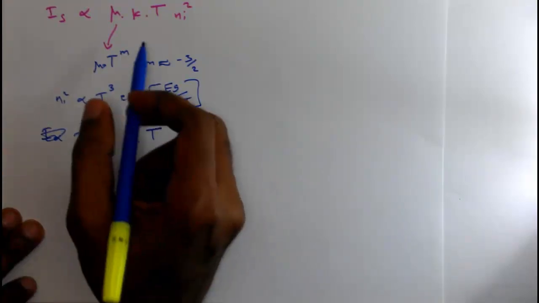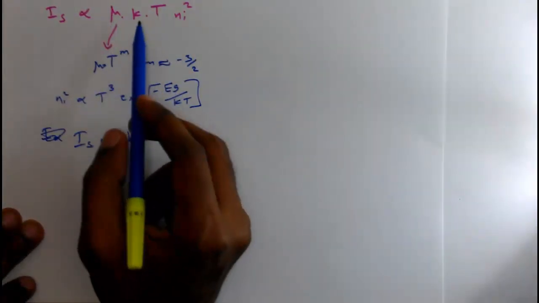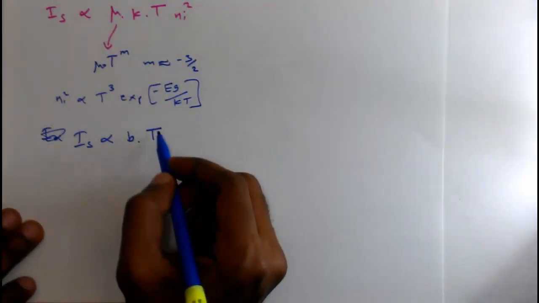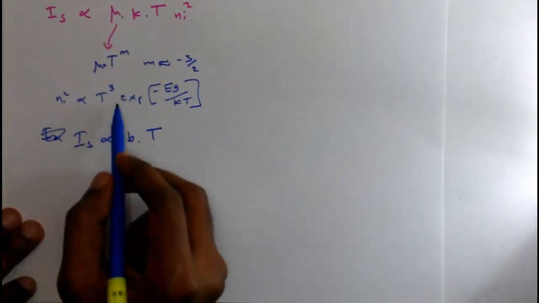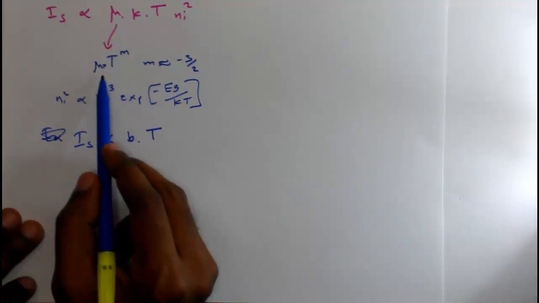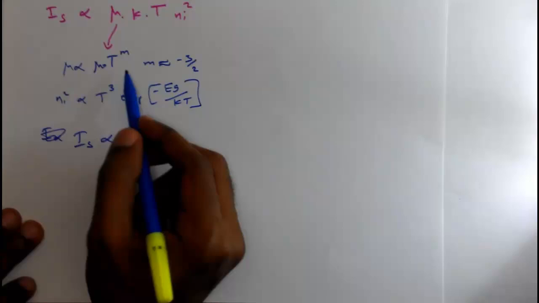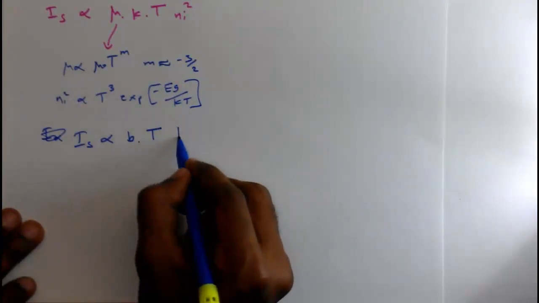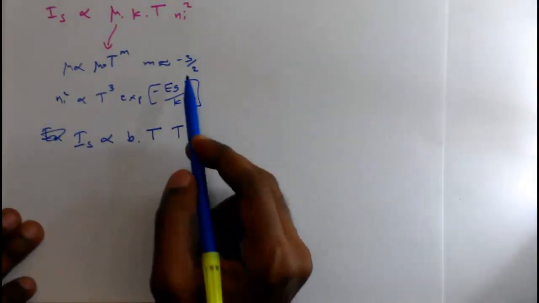okay, let's write exactly the same way here. So we included the K in the B, and the T I am writing as it is, and Ni square we have to include. So before including the Ni square, I am considering the mu term, that is we know mu is proportional to mu 0 into T to the power M. So mu 0 I included in the B, and again we have a T, the power is M, and M is 3 by 2.